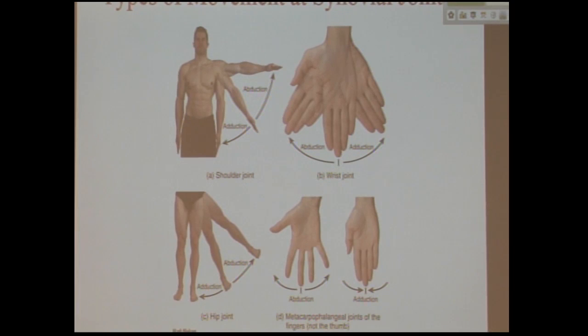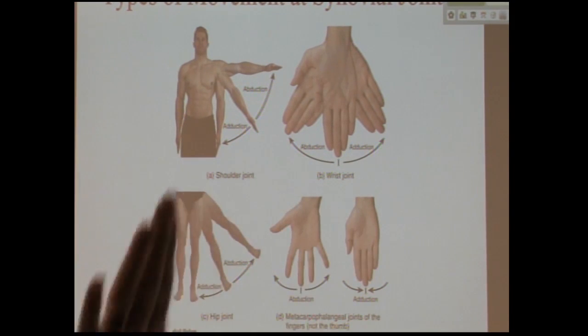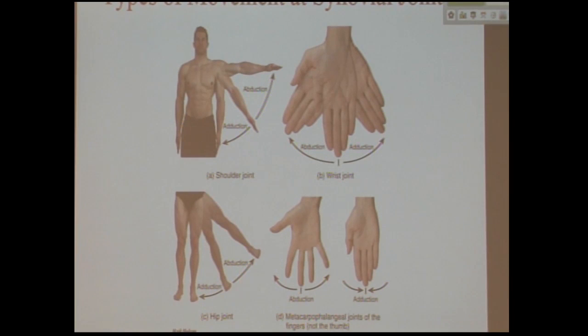How come there's not a third one for past? Well, you can go back. It's just a farther adduction because it's left and right, right? Also your hands, this is abduction, adduction, abduction, adduction.